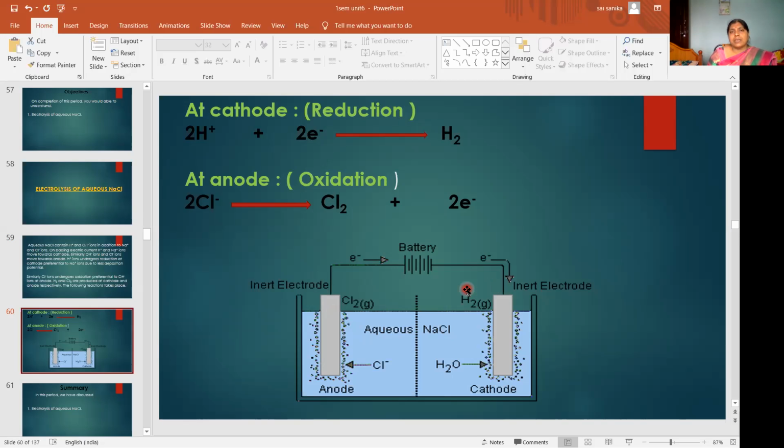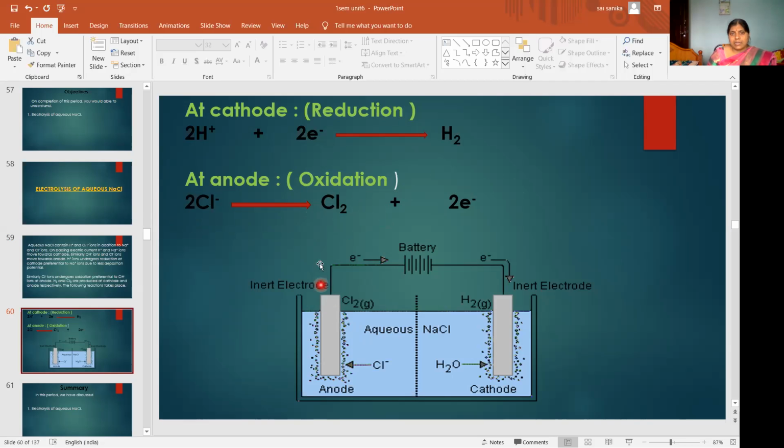Among Na plus and H plus ions, the H plus ions undergo reduction because of the less deposition potential, and hydrogen gas is liberated at the cathode. At the anode, among Cl minus and OH minus ions, for the same reason, the Cl minus ions undergo oxidation and liberate chlorine gas.